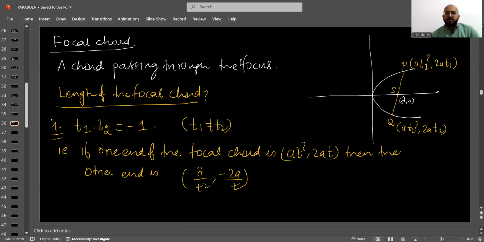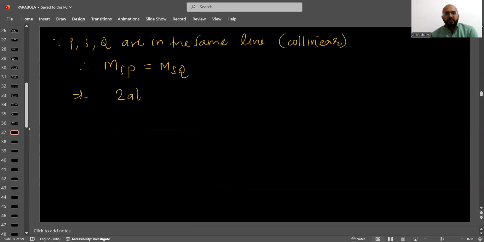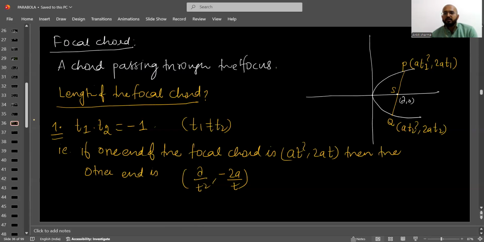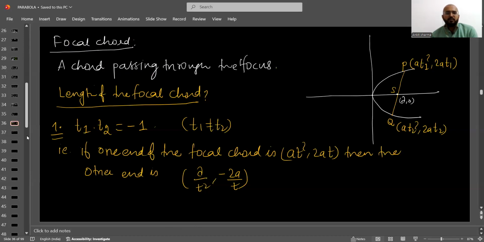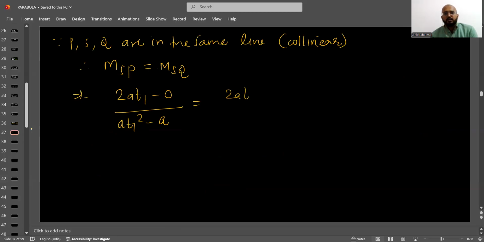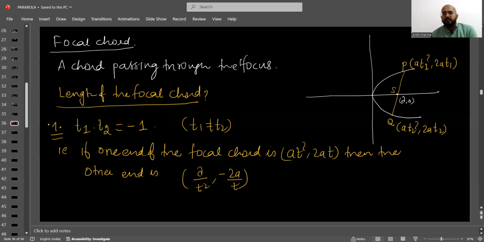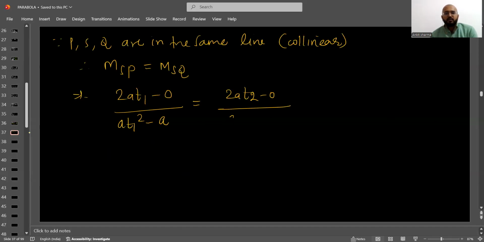So the slope of SP is going to be y2 minus y1, the same idea we will apply. So 2a t1 minus 0 over, what is this point by the way, a t1 square minus a. So a t1 square minus a will be equal to the slope of SQ. The slope of this chord is 2a t2 minus 0 over a t2 square minus a.